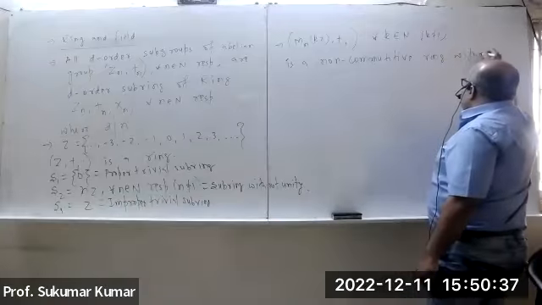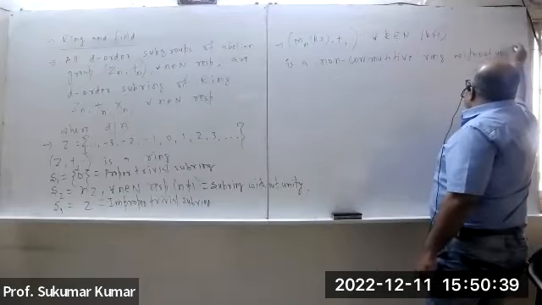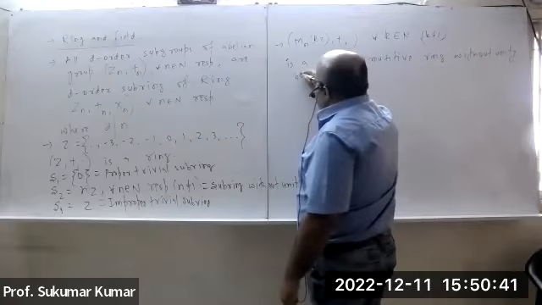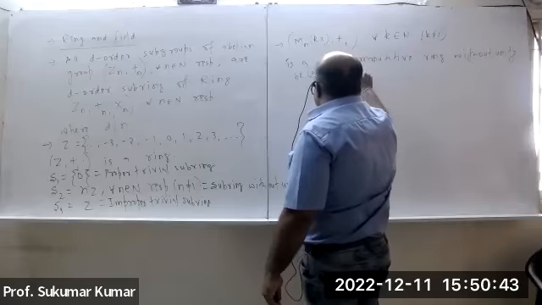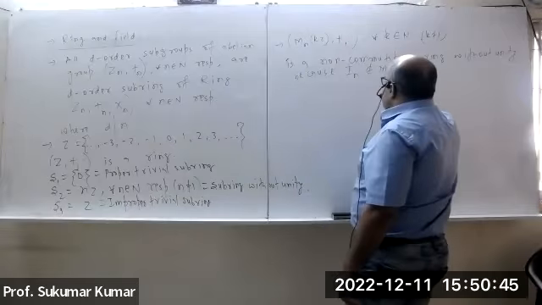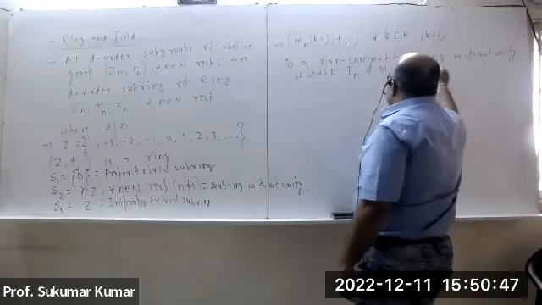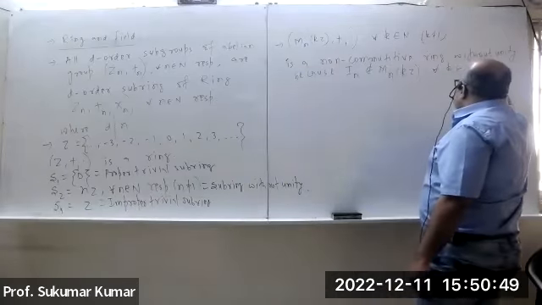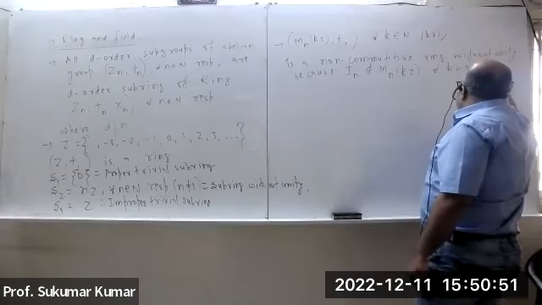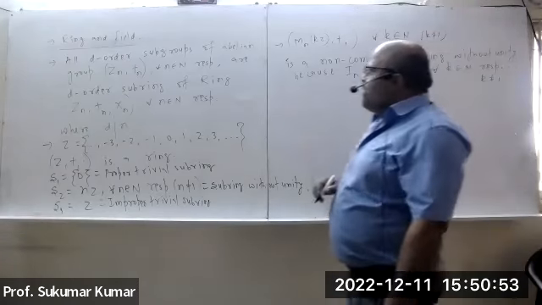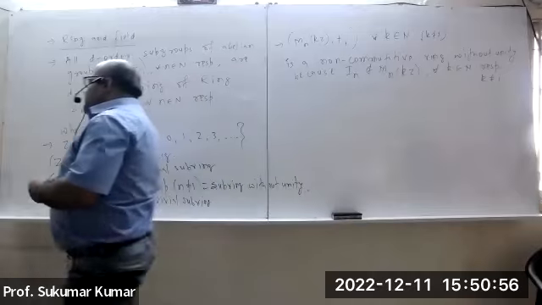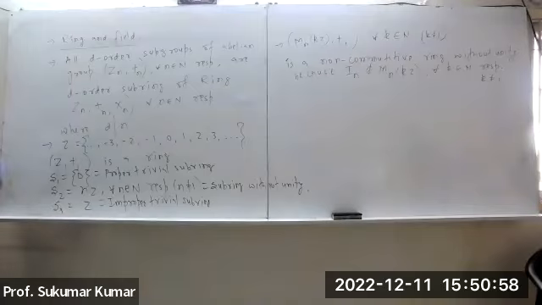No identity element here. I does not belong to MNKZ for all K. Whatever we choose, MN2Z, MN3Z, MN4Z, MN5Z, everything.